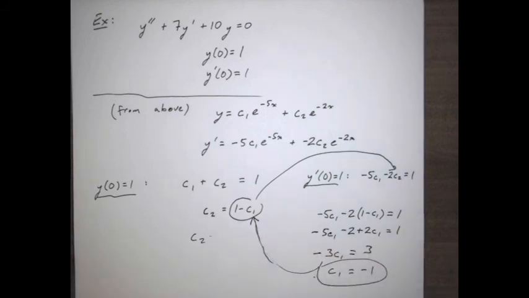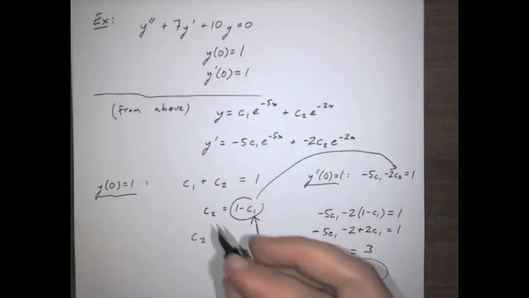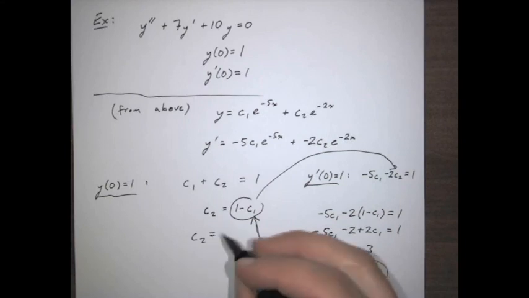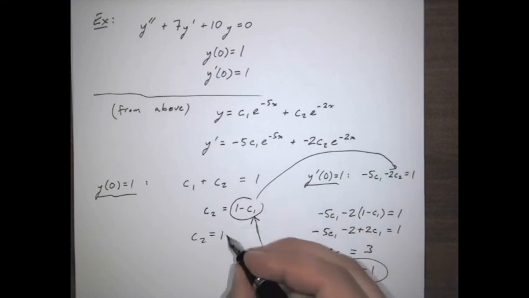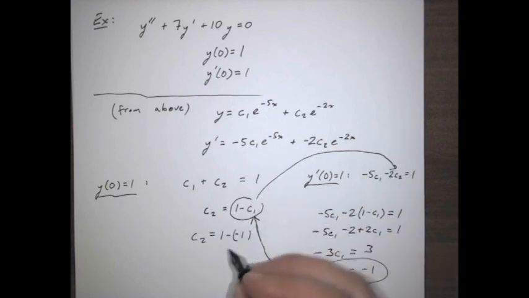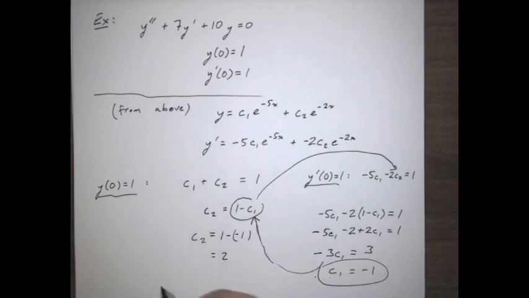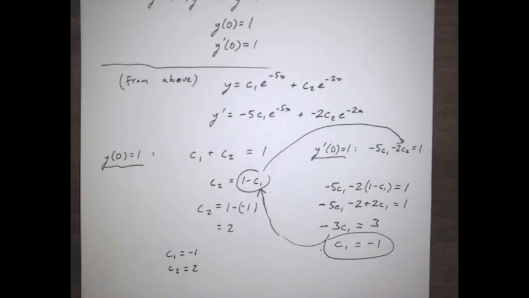Emergency change of pens. So C2 is equal to 1 minus negative 1, which is in other words 2. So C1 equals negative 1, C2 equals 2 would be our conclusion here.